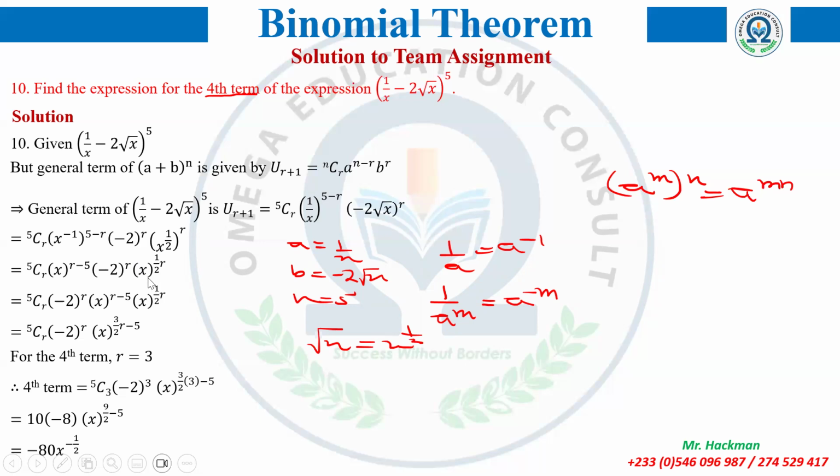This and this, they have the same base, x. So you can simplify that as one factor to a new base. So in indices again, if you have x to the power m times x to the power n, that will be equal to, keep your base x, then you add the exponents, m plus n. You know that rule. So that's the concept that was used here as well.